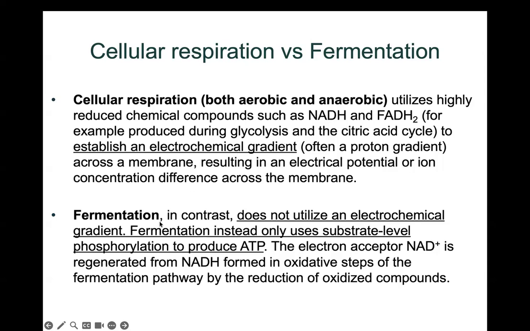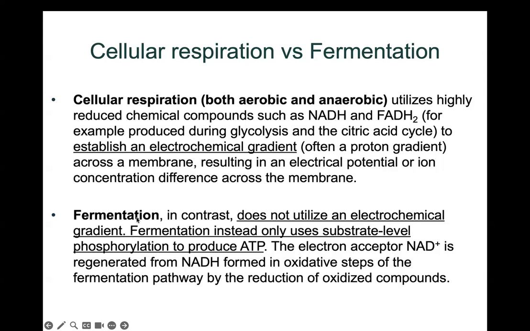Fermentation, no. In fermentation, you utilize these kinds of organic compounds to accept these electrons, and you do not create an electrochemical gradient. You do not create NADH and FADH2 in plenty to create an electrochemical gradient. The NADH that you produced will give out its electrons straight into pyruvate to be fermented.